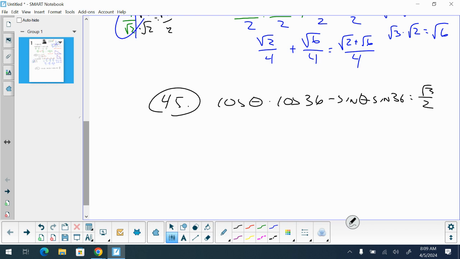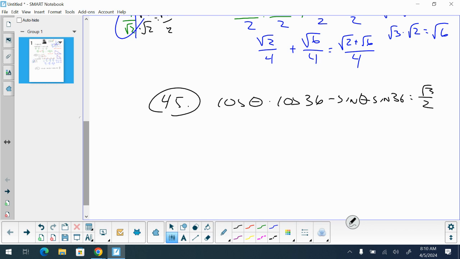We want to solve for 2 general solutions of theta. So what we are going to do here is take a look at what's on the right-hand side of those angle addition formulas that we did yesterday.